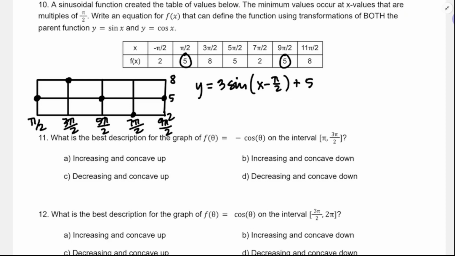And if I wanted to do one in cosine, I would start my window over here, but I won't need that. All I need is the idea of the phase shift being right here. And I could say also y equals 3 cosine of x minus 3 pi over 2 plus the 5.